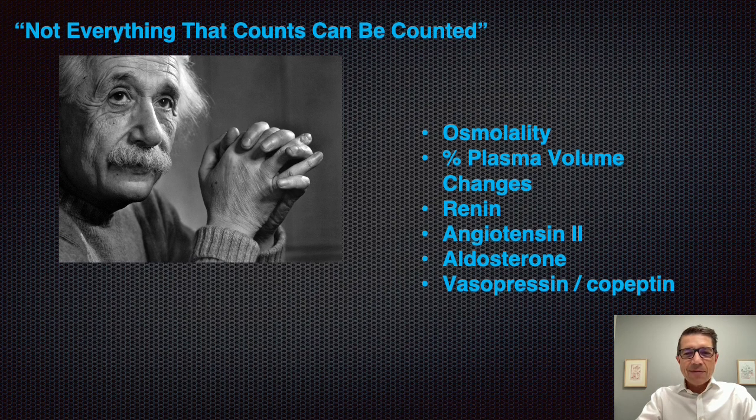So we might have to start thinking outside of the bubble and outside of the box, trying to identify simple and practical biomarkers to assess hydration, because one of the issues with hydration is that it can change significantly from one day to the other.